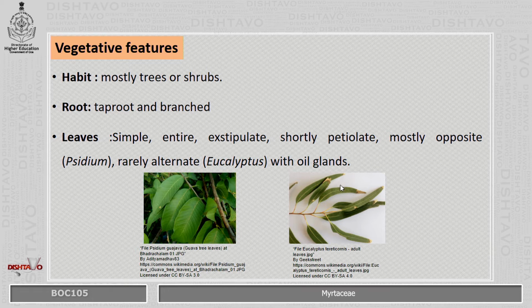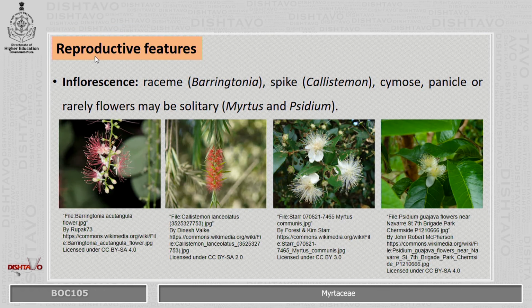The reproductive features of family Myrtaceae. Coming to the inflorescence, it shows raceme, spike, cymose, panicle, or sometimes the flowers can be solitary. In this picture, you can see the Barringtonia acutangula showing the raceme inflorescence. This is the simple raceme. In this picture, you can see the Callistemon lanceolatus showing the spike inflorescence.